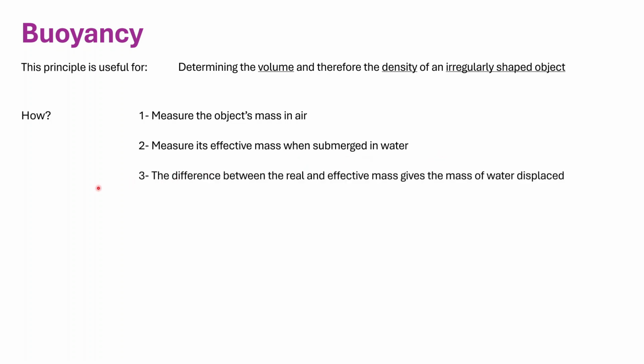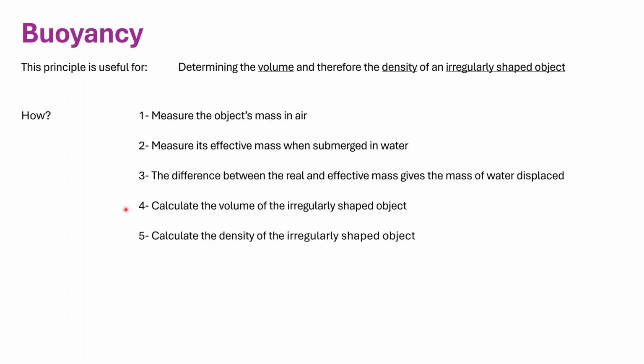Next, the difference between the real and effective mass gives the mass of water displaced. Next, we can calculate the volume of the irregularly shaped object. Number 5, we can calculate the density of the irregularly shaped object because we have its mass and also its volume.